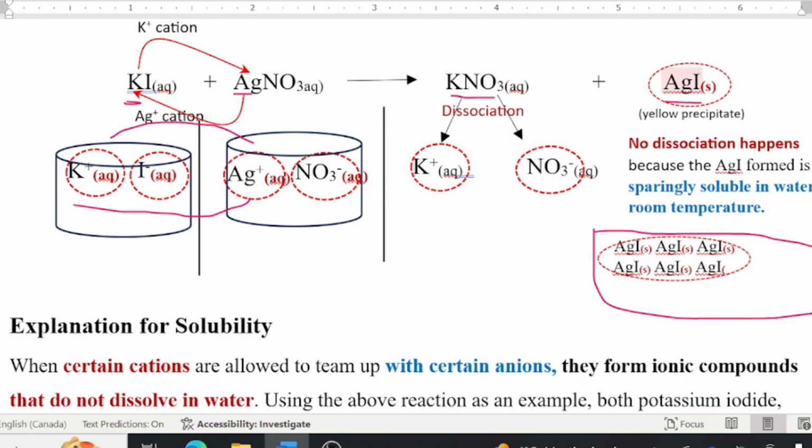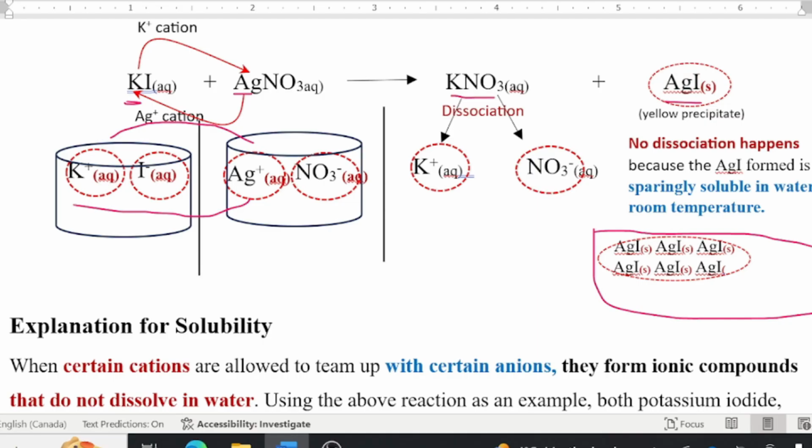This one has a strong affinity for that one there, and that's why it will form a precipitate. The reason is that in silver iodide the bonds are very, very strong, and the water molecules are not capable of separating these two away from each other.